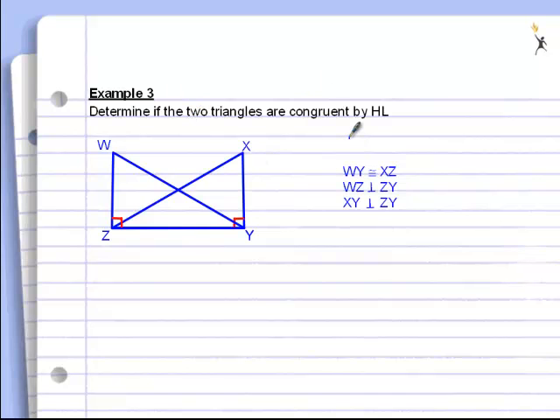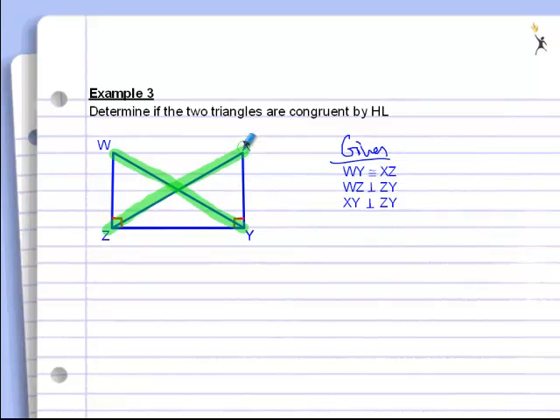We're given right away that WY is congruent to XZ. So we need to go through our diagram and make some congruency statements. That WY, it's right here, get my highlighter out, WY is congruent to XZ.